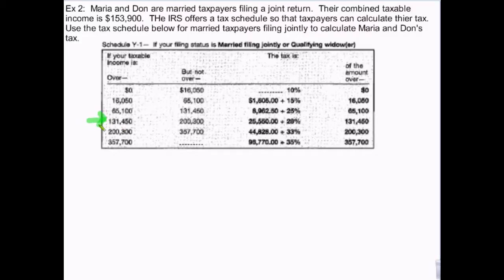Their 153 falls into this area here, between 131 and 200,000. So after we know where they fall, your tax is this of the amount over this column. So if we look at this, we've got $25,580 plus 28% of the amount over this.